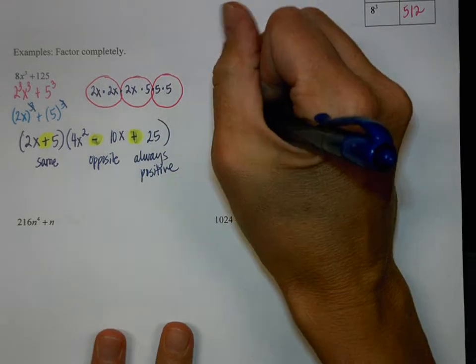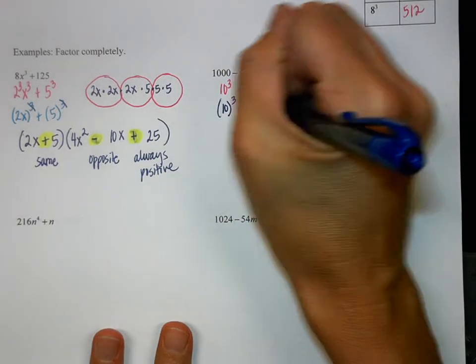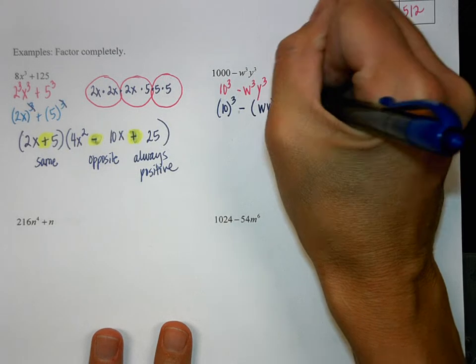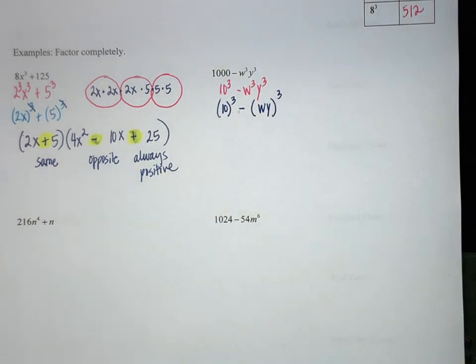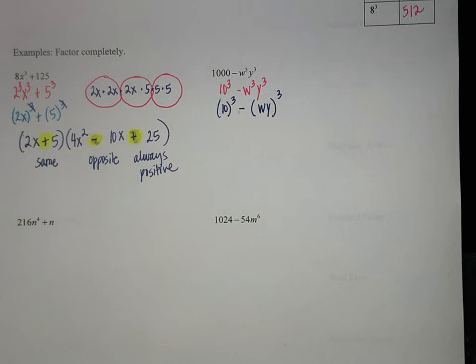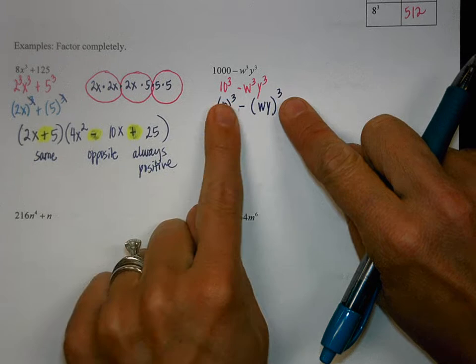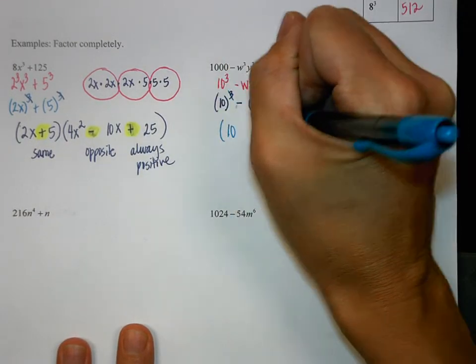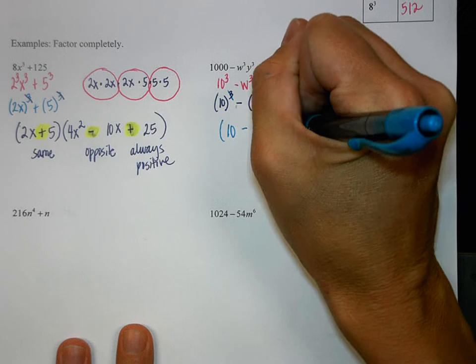So we have 10 to the 3rd power minus wy to the 3rd power. Our first parenthesis is always the same as our original problem, except we take off the cubes. So the first parenthesis is 10 minus wy.